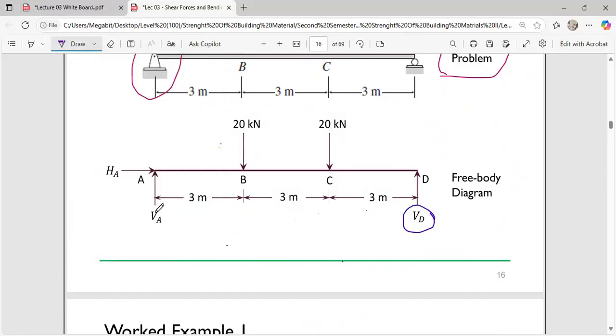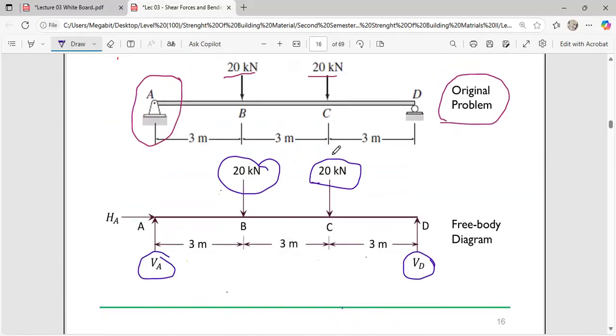VD is 1, VA is 2, and 20 kilonewton at E is 3. 20 kilonewton at C is 4. VA is moving upward and it's going to be positive. This 20 kilonewton that is moving downward is also going to be negative.